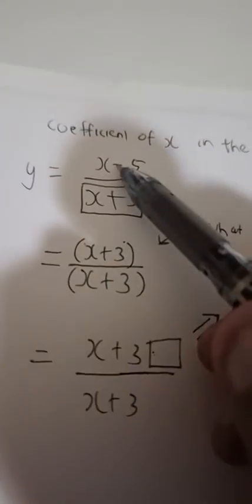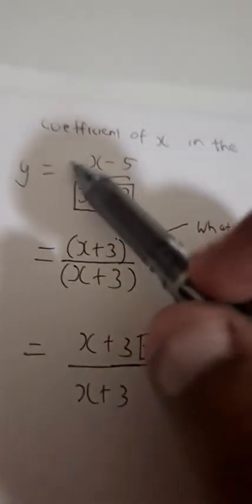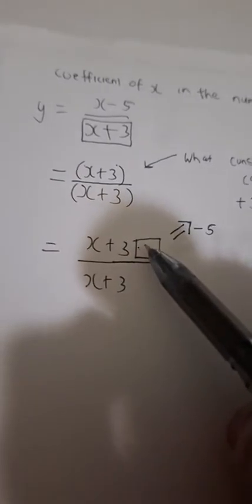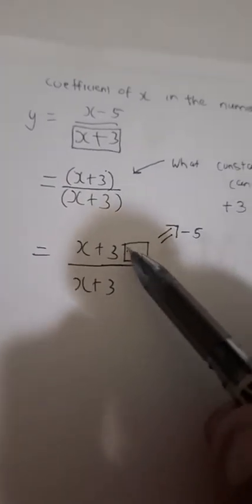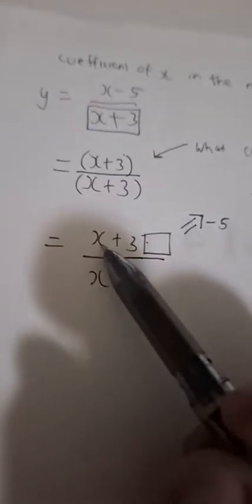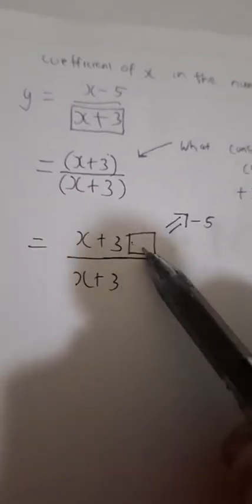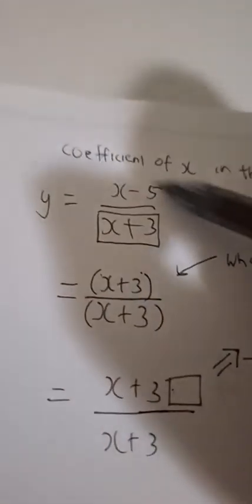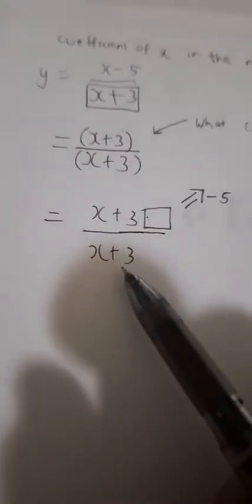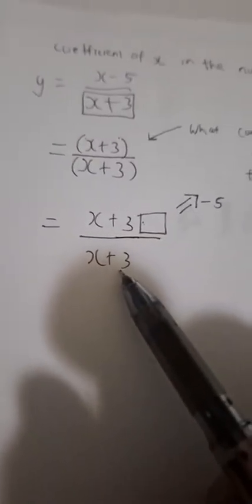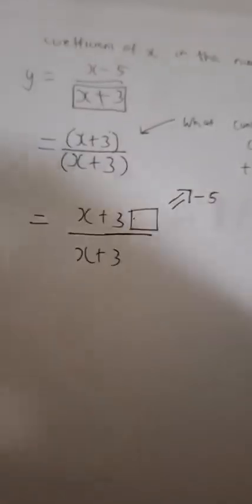Because what I want to do is still retain this x minus 5, the answer, at the end. The reason I'm asking for the number which I can add or subtract to 3 to give me negative 5 is that I still want the expression that gives me x minus 5 in the numerator, because that will mean nothing has changed.